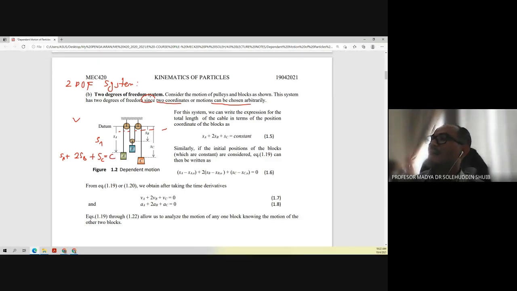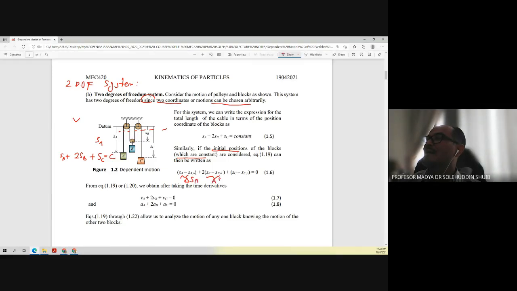So you have the same initial condition of the block, which is constant. So we can have here delta SA, delta SB, delta SC equal to 0 for initial position.